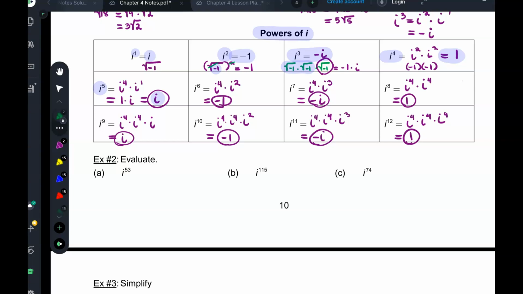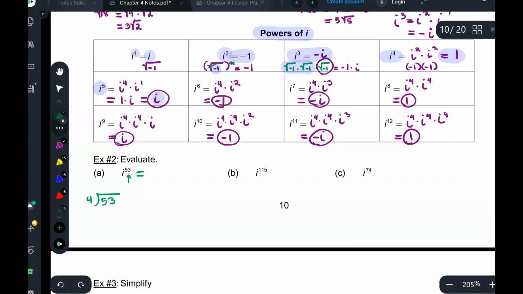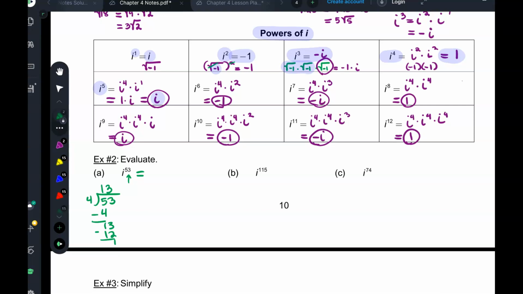So take a look at 53. I know i to the 53. So if I want to break this down, I think, okay, well, 4 goes into 53 how many times? It goes in 13 times, and 1 is the remainder.